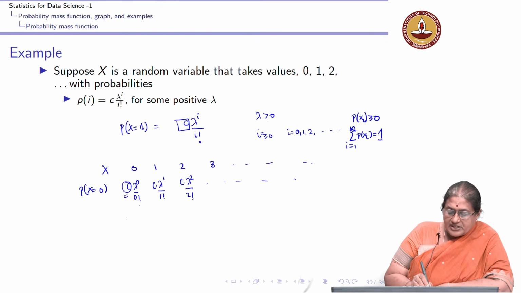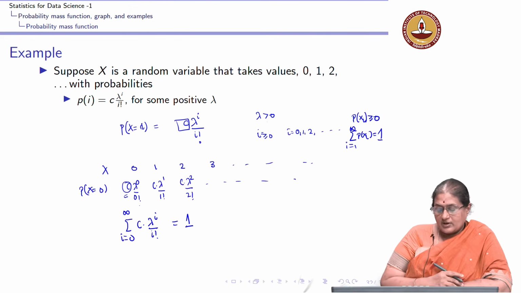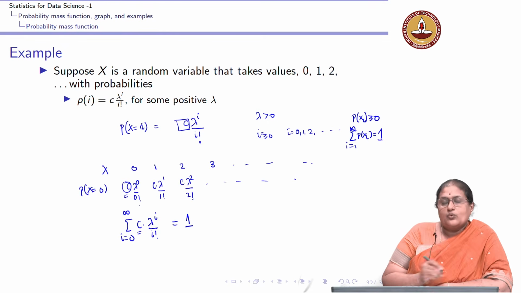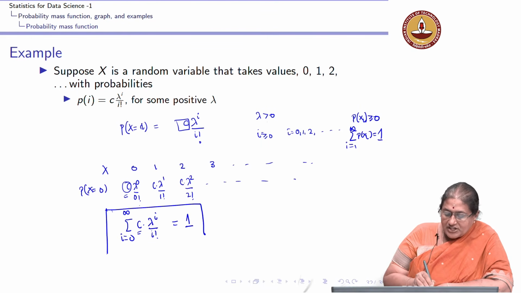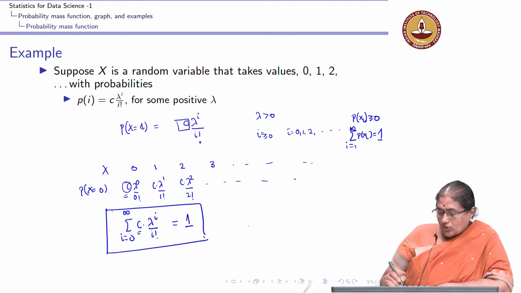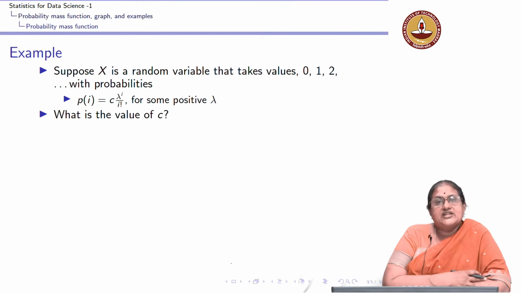For the second condition, I need to check that the summation of C lambda to the power of i by i factorial, i going from 0 to infinity, should be equal to 1. So, what value of C would give this? This is what we need to check, because for this to be a probability mass function, I need this condition to be satisfied.